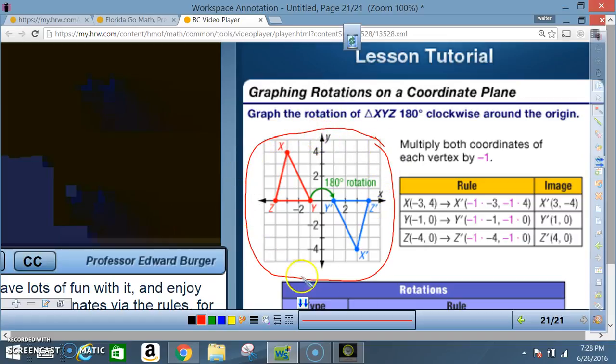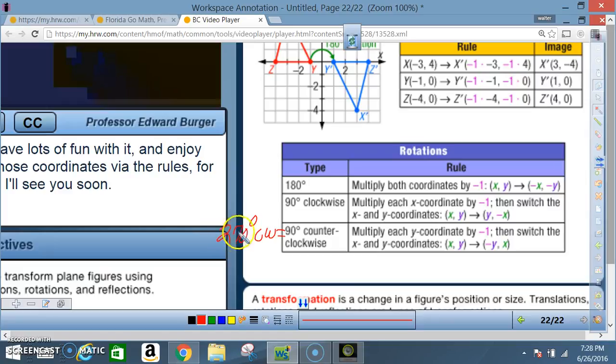And that's why 270 degrees counterclockwise equals 90 degrees clockwise, and 270 degrees clockwise equals 90 degrees counterclockwise. And it follows this rule.